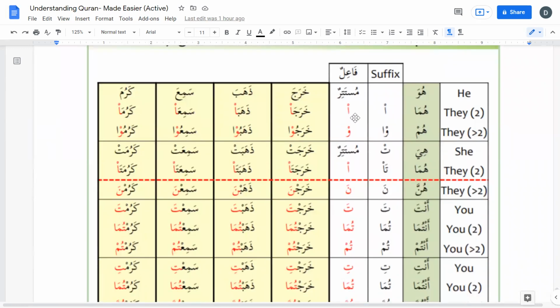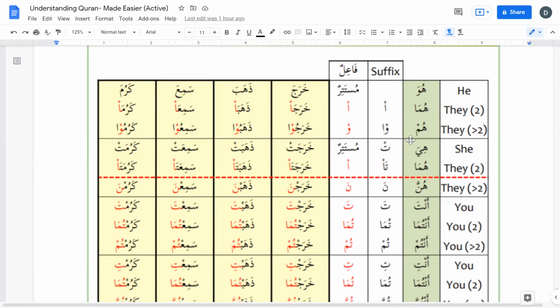In the huma version we have alif musanna, which makes the huwa version dual. Huwa is kharaja, so you add alif musanna to make it for two males. Kharaja, dhahaba, sami'a, karuma.